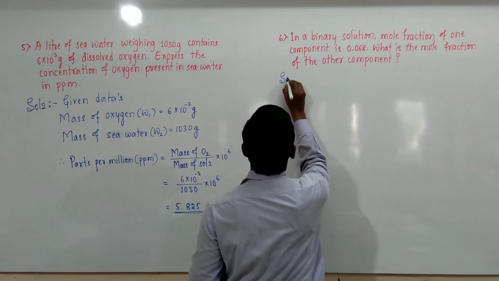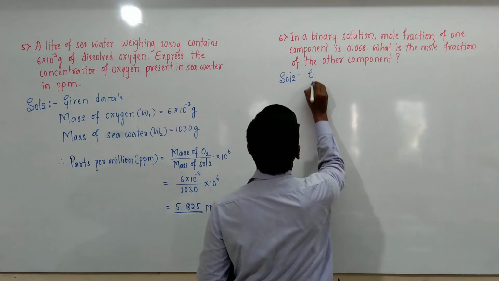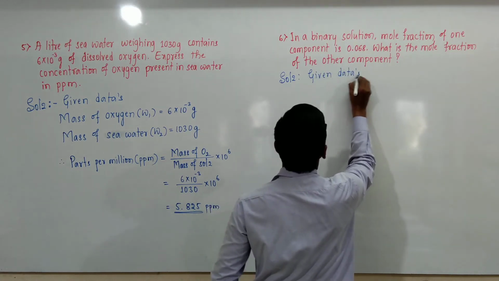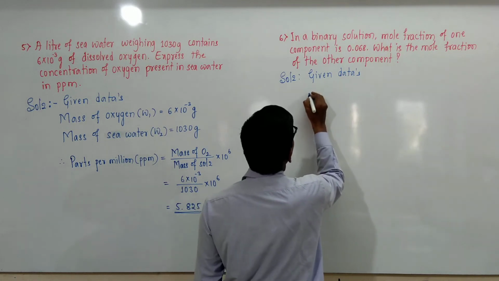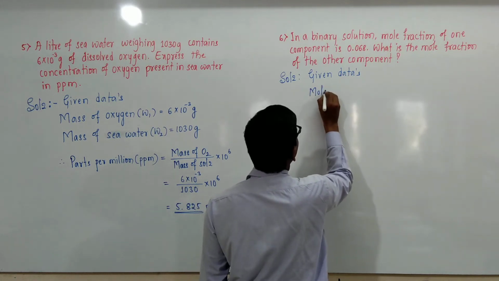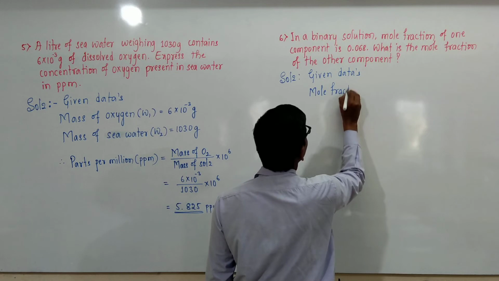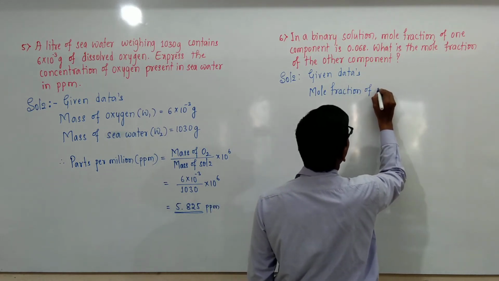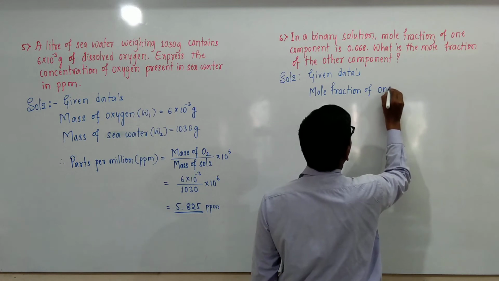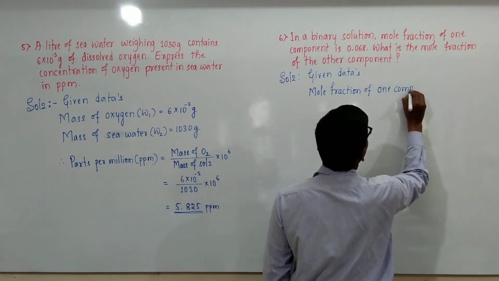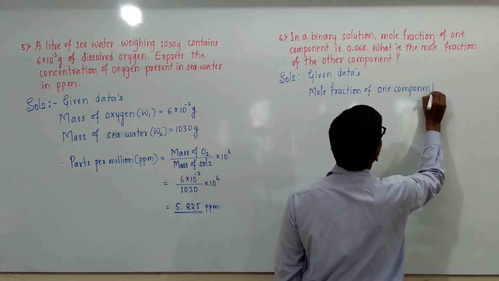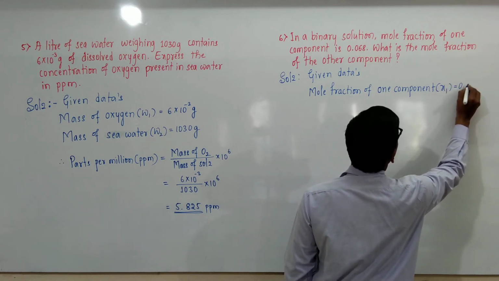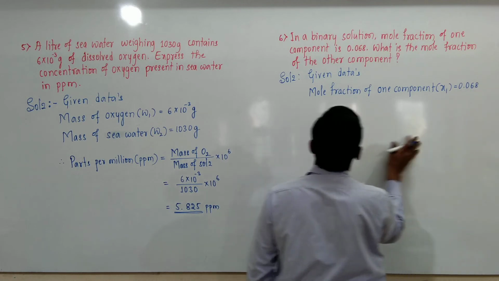Look at what was given. Given data: mole fraction of one component, that is x1, is equal to 0.068.